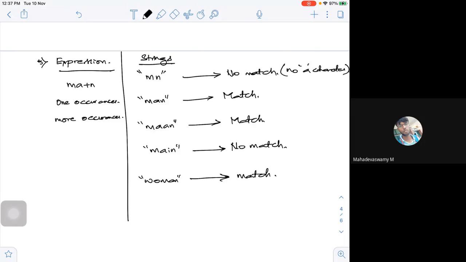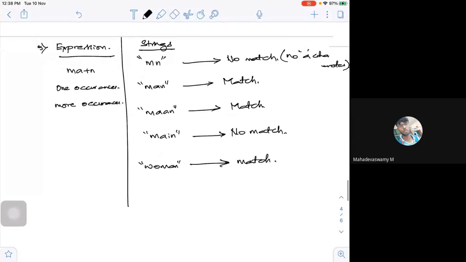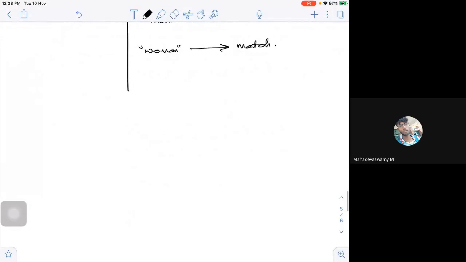I told you there is one more expression. So instead of star, instead of plus, what will happen if I use a question mark? The question mark symbol checks for 0 occurrences or only 1 occurrence. That's why regular expressions are typically hard to understand.